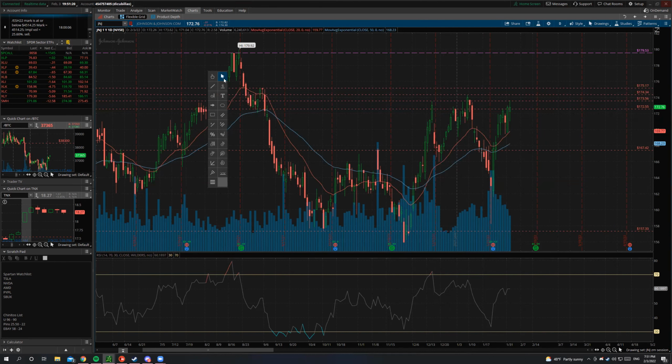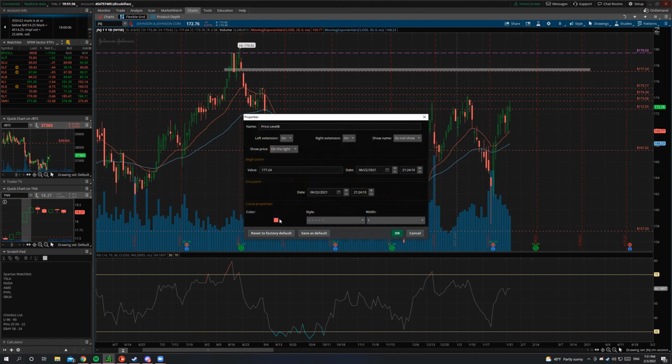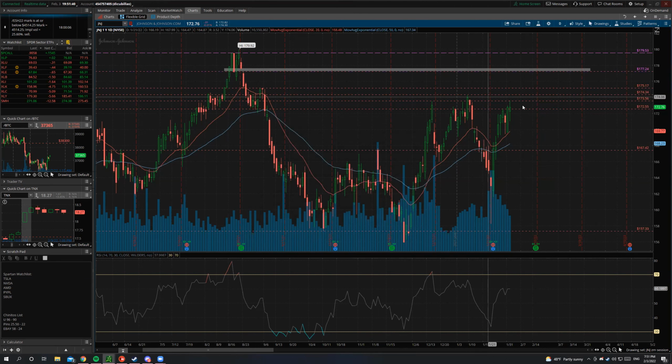That's going to represent our resistance when it gets there. We'll color code it so we know it's important. This has an immediate resistance right here. It's holding the daily 20, if you see it right here.